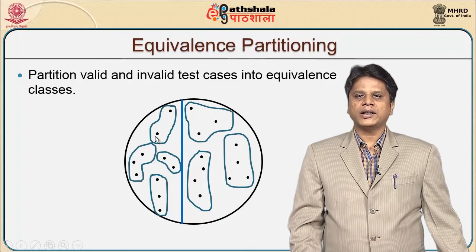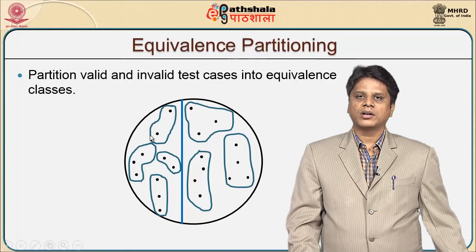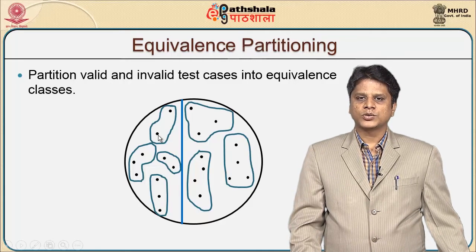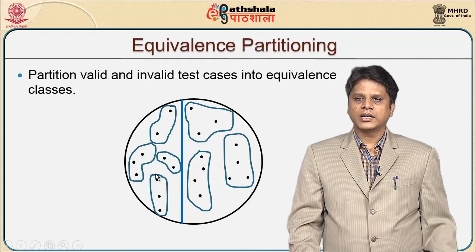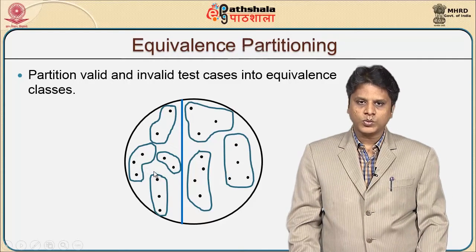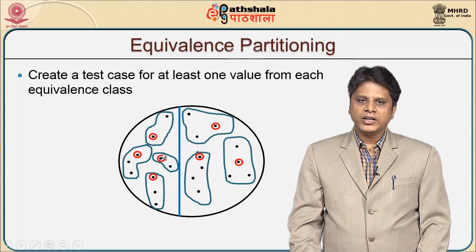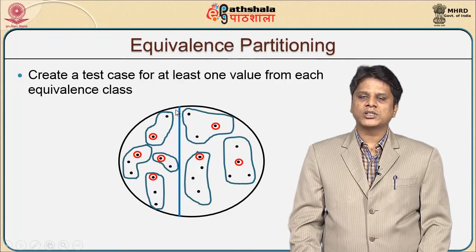It is needless to test for all the values. So, just look at within the valid and invalid classes, we have partitioned into equivalence classes. These 2 instances make one class, these 3 another class. Likewise, we have partitioned into many classes, and we need not test for all the values in a particular class.